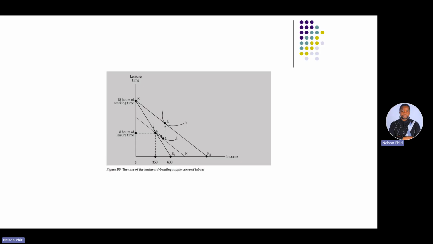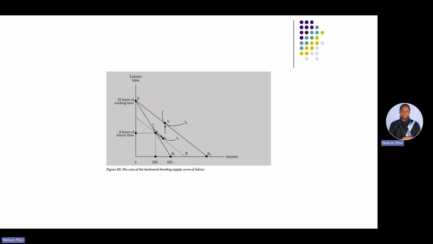That's the maximum amount that they're willing to make. Your income line shifts from ARA1 to ARA2 because of this wage increase.